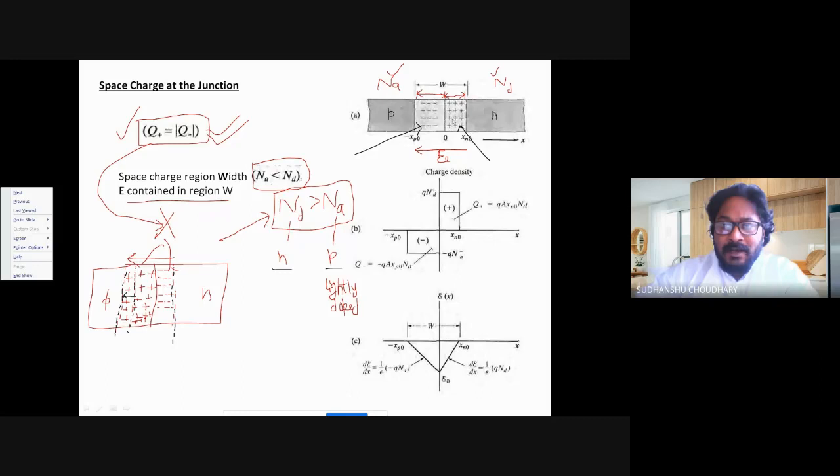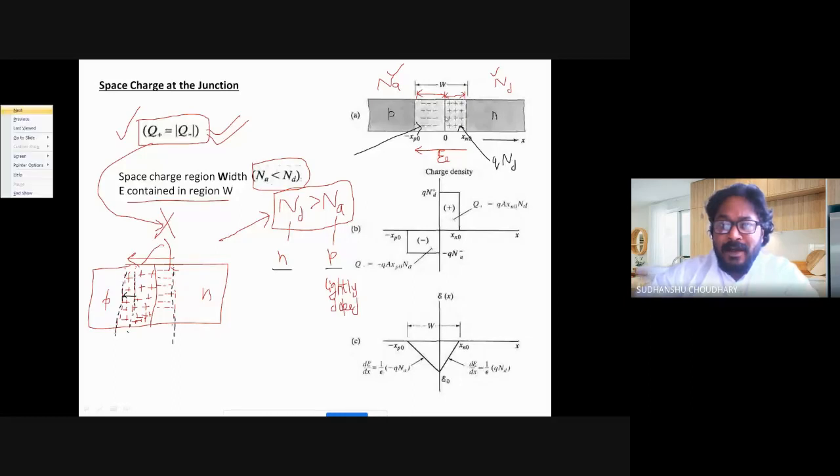For this region, it would be simply charge multiplied by the doping concentration, that is, charge Q multiplied by the doping concentration Nd. Since this is the charge density of ionic charges, I'll use Nd plus over here.